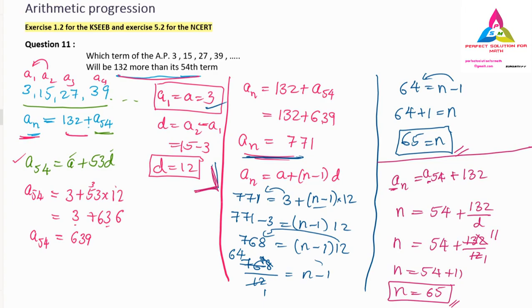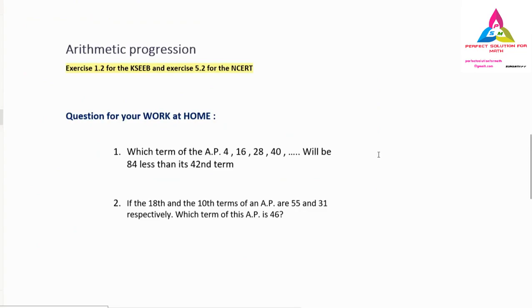So this is all about today's video, but I will give you the work for the day. What you have to do at home, you have to sit at home and do one homework that I will give you now. Questions for your work at home. The first one: which term of the AP 4, 16, 28, 40, and so on will be 84 less than its 42nd term?